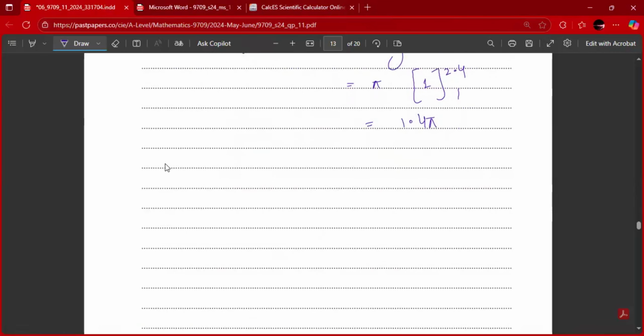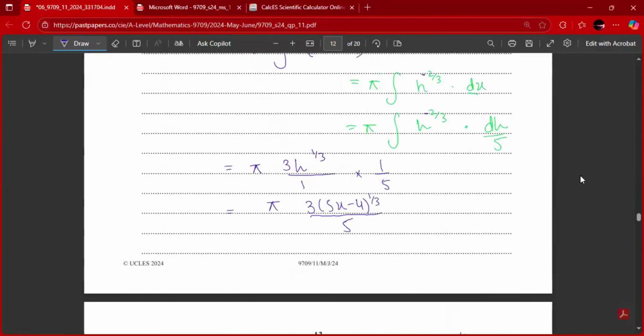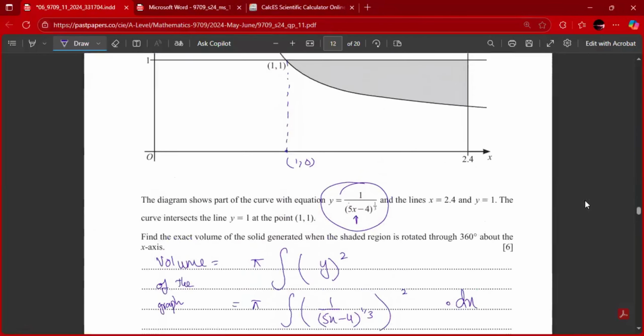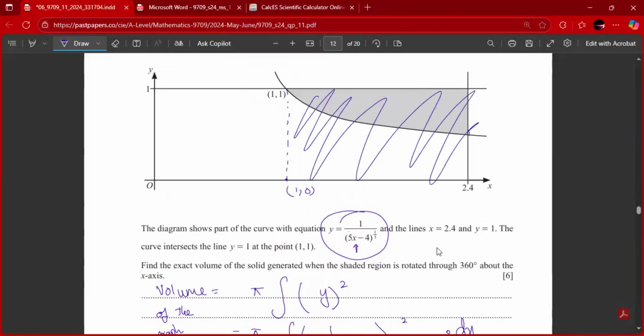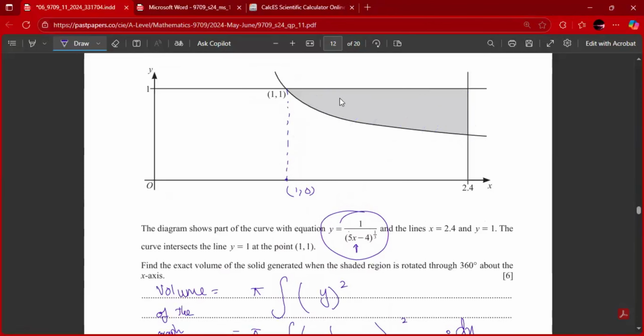Final answer. The final answer would be, because for the volume of the extra region we have integrated y here, if I found the area of this whole region rotating it, and this region, meaning I have to subtract to find the area of this region.